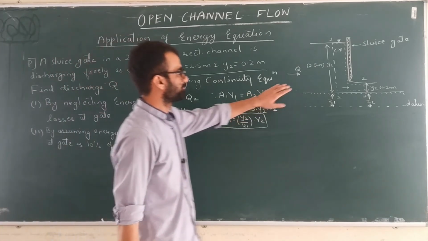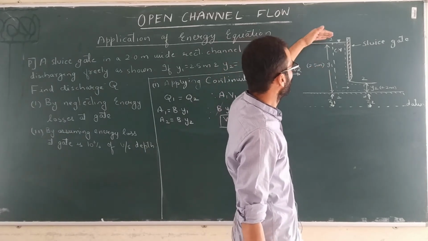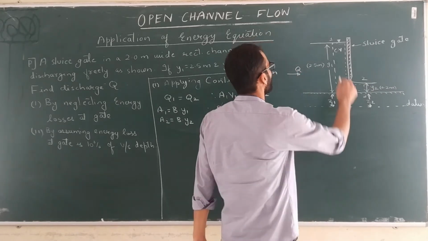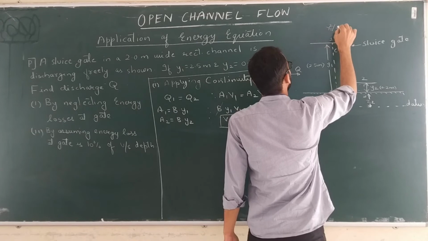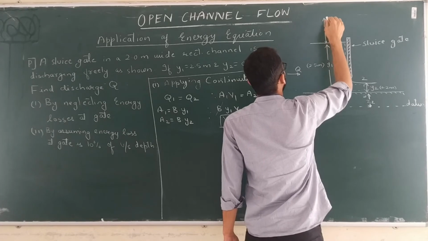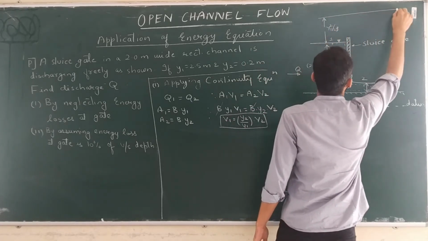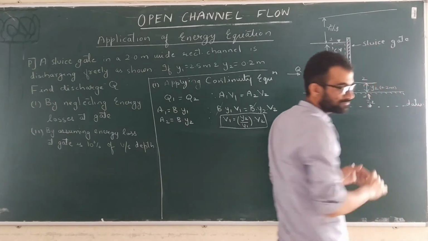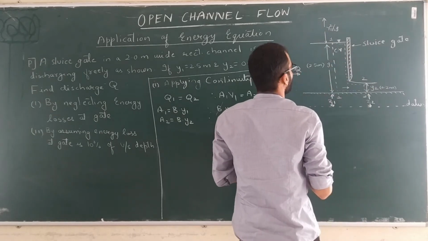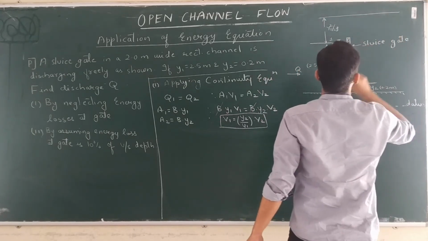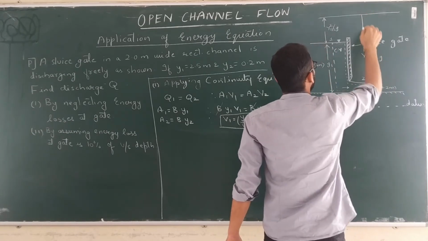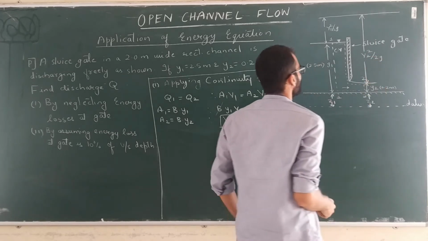Now again, the problem is the same. The only thing is, when the water is flowing through this sluice gate, we are getting some energy loss. Let us say V1 square by 2G is the energy head at section number 1. Initially, for the first case, we assumed that this line is horizontal, and V2 square by 2G is the velocity head at section number 2, and there is no loss of head.